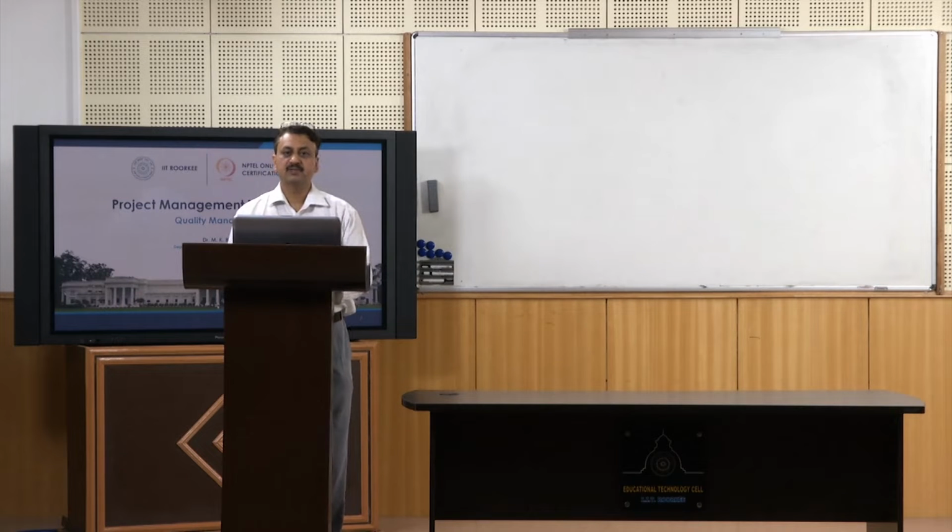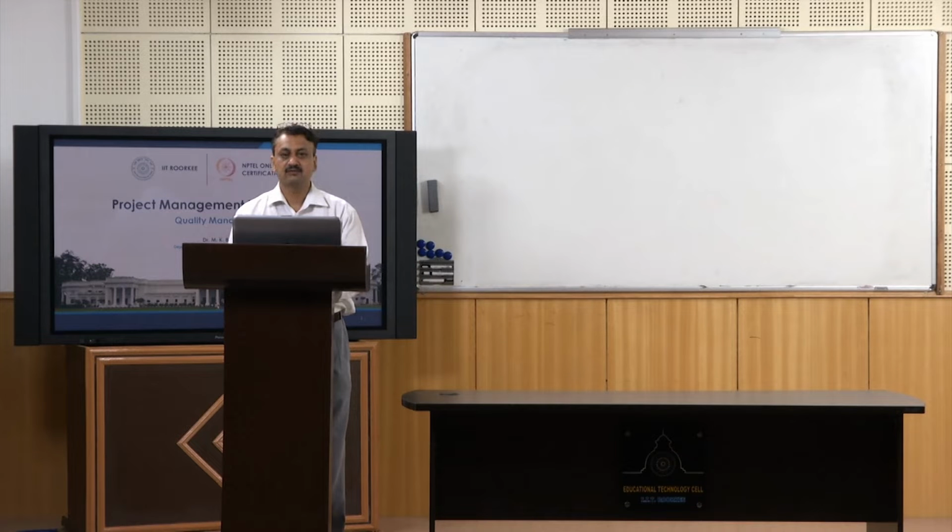As you are aware, in the previous session we were discussing the cost of quality, and we have seen that there are different costs of quality. We have seen appraisal cost, prevention cost, and internal and external failure cost, right? We have also seen different definitions of quality.